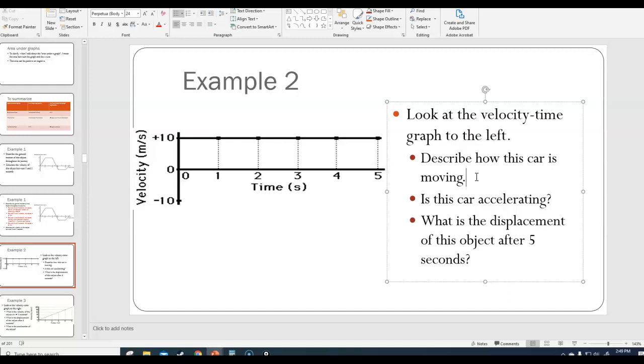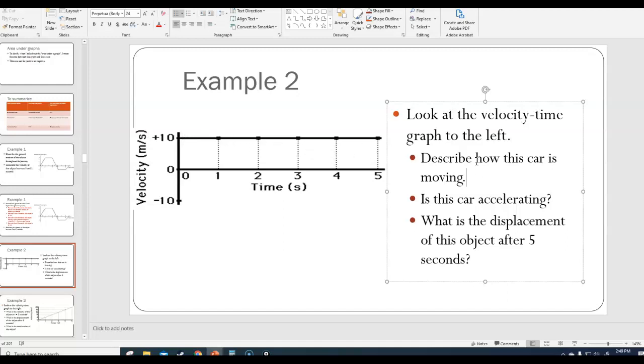I would look at this graph first. What type of graph is it? It's a velocity time graph. How would I describe how this object is moving? Well, number one, I would say this object is moving with a constant velocity. How do I know that? Because this is a graph of velocity versus time, and I can see that the value is not changing.